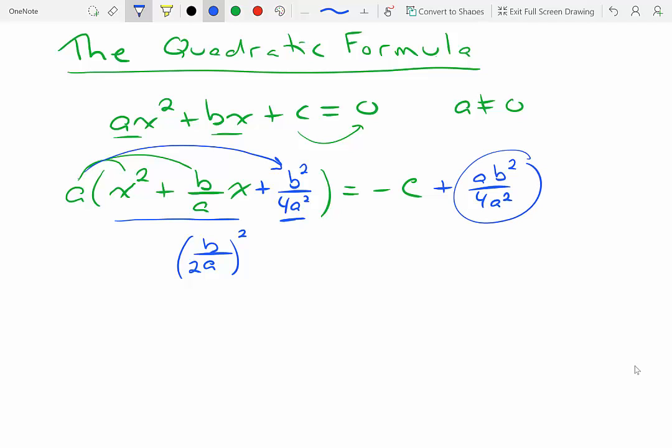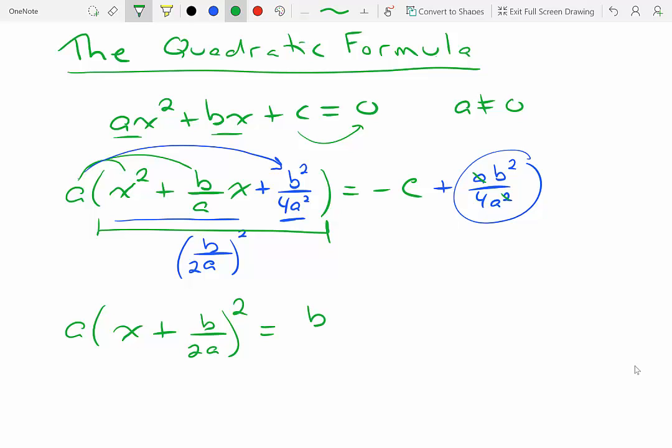Now, if we clean things up a little bit, I now have a times x plus b divided by 2a, squared. That's the way that what is inside of the parentheses is going to factor. That is going to be equal to, let's see, one of those a's is going to cancel, and I'll write it in a different order so that it's b squared divided by 4a minus c.